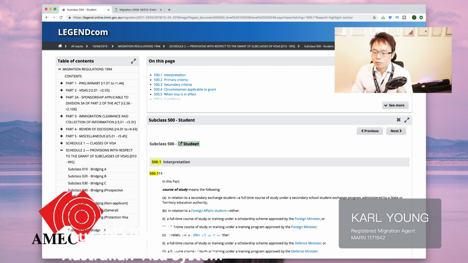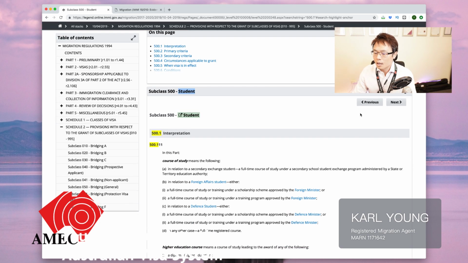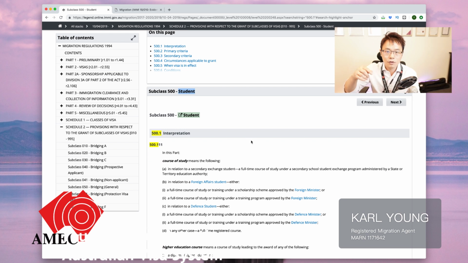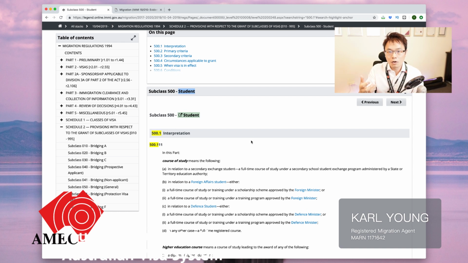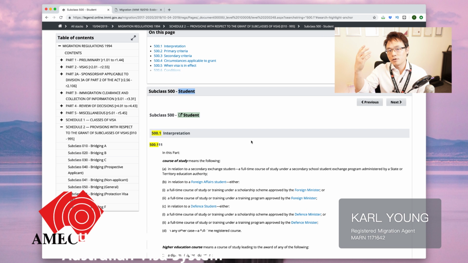Today we'll take you through the subclass 500, which is the student visa, where all international students, no matter where you're coming from, are required to lodge and apply for a student visa if you choose to study in Australia, whatever the institution, starting from school, TAFE, colleges, institutions, all the way up to bachelor, postgrads, masters, PhDs.